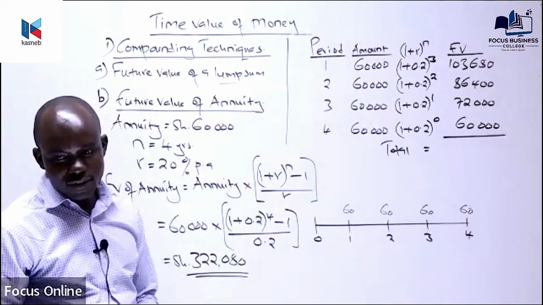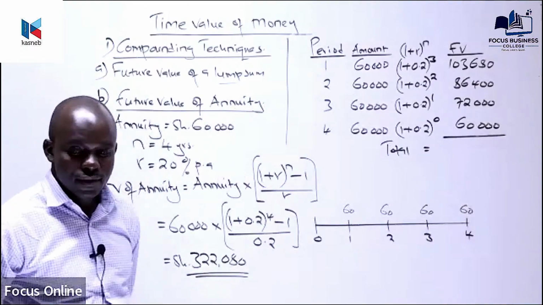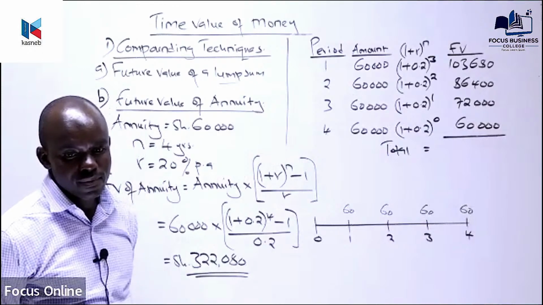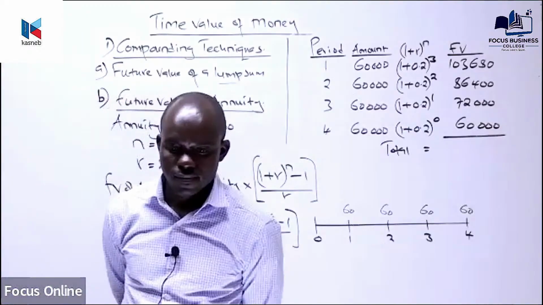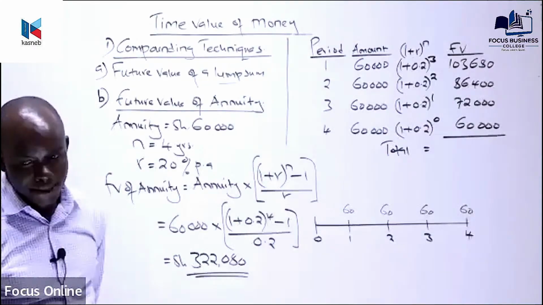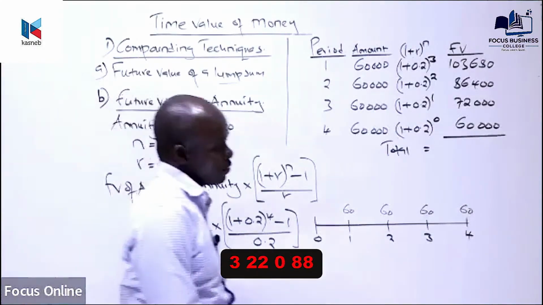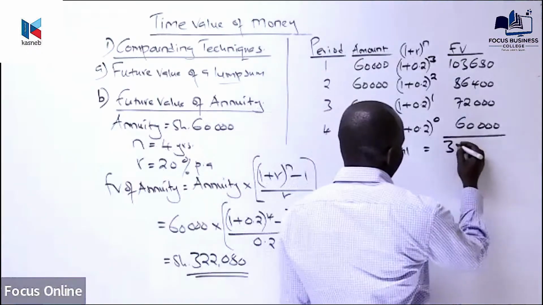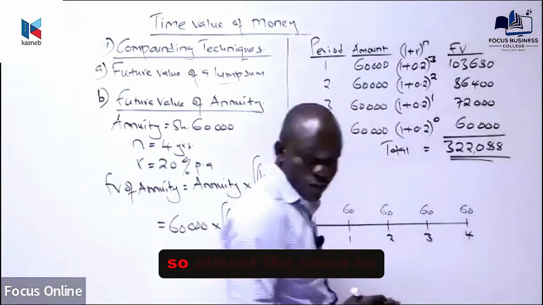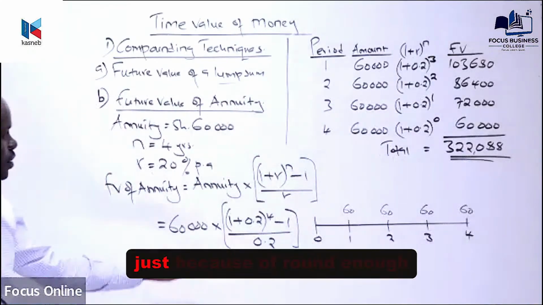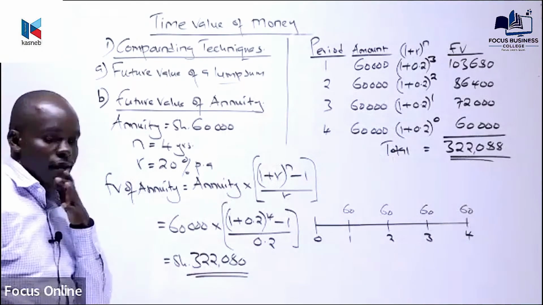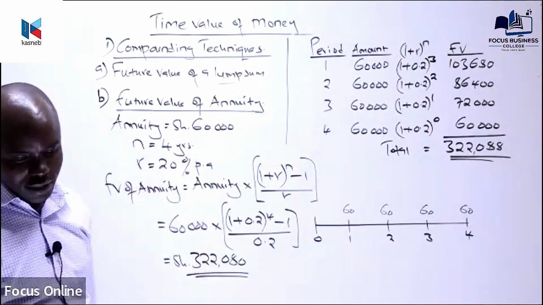So get the total. $322,088. Yeah. So almost the same as what we have here, just because of rounding off, that's where there are differences. So is that okay? Let's proceed.